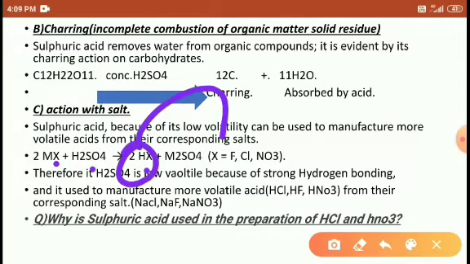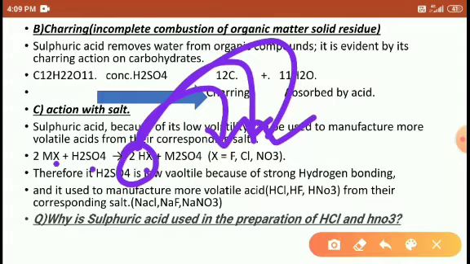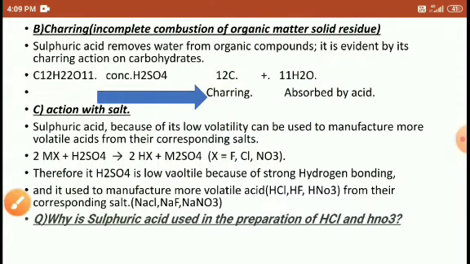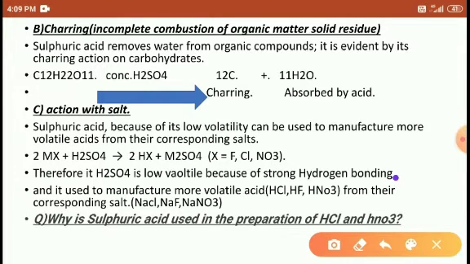HX may be hydrogen fluoride, hydrogen chloride, or nitric acid, right? So sulfuric acid is low volatile because of strong hydrogen bonding, and it is used to manufacture the more volatile acids like HCl, HF, HNO3 from their corresponding salts NaCl, NaF, NaNO3.